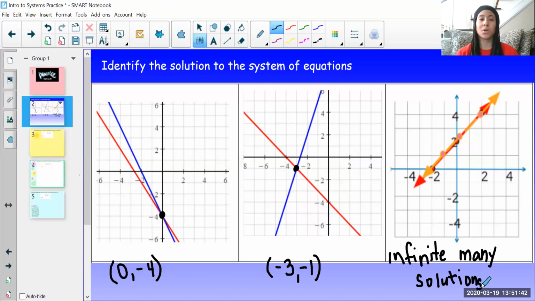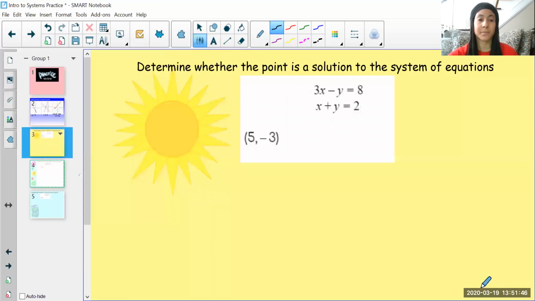All right, so now that we got that set done, let's go on to our next. Now we want to know how to determine whether the point is a solution to the system of equations. So once again, here's my system. I have one equation and I have a second equation, and both equations have the same variables. We want to see if this point right here satisfies both of these equations.